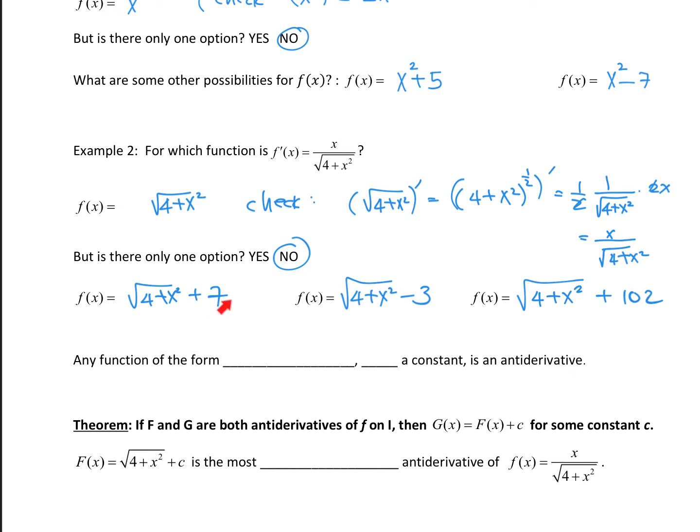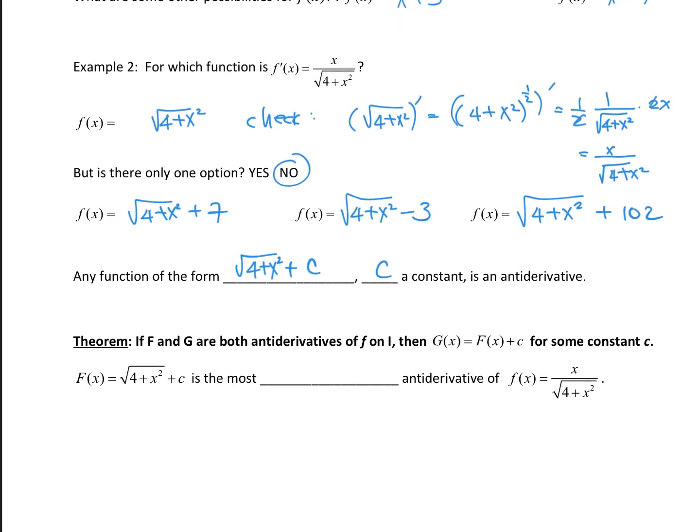I can add or subtract any constant and get the same derivative. So for that question, I can do radical 4 plus x squared plus C, where C is any constant. It could be 7, it could be minus 3, it could be 102, doesn't matter. I can come up with any number and add it. It'll still be an antiderivative of this function right here.